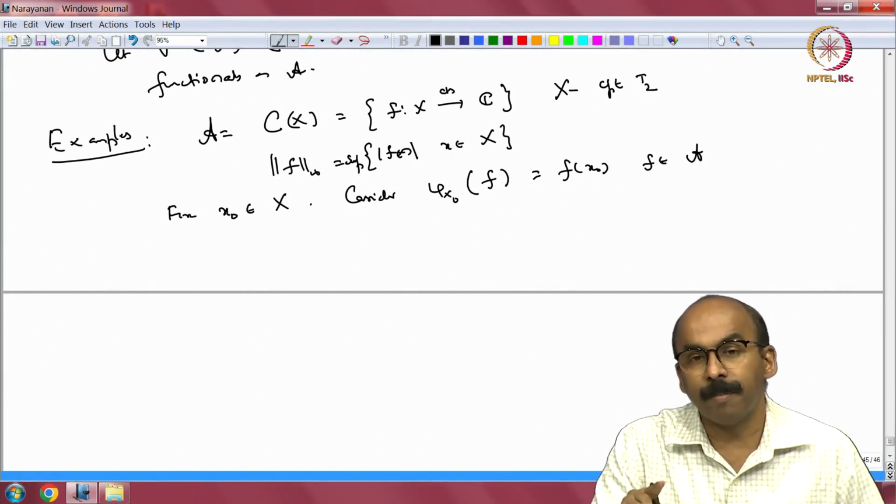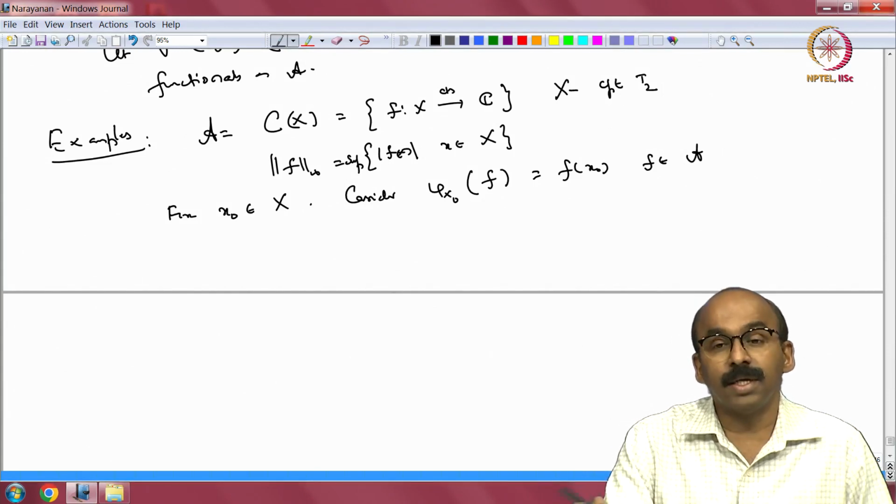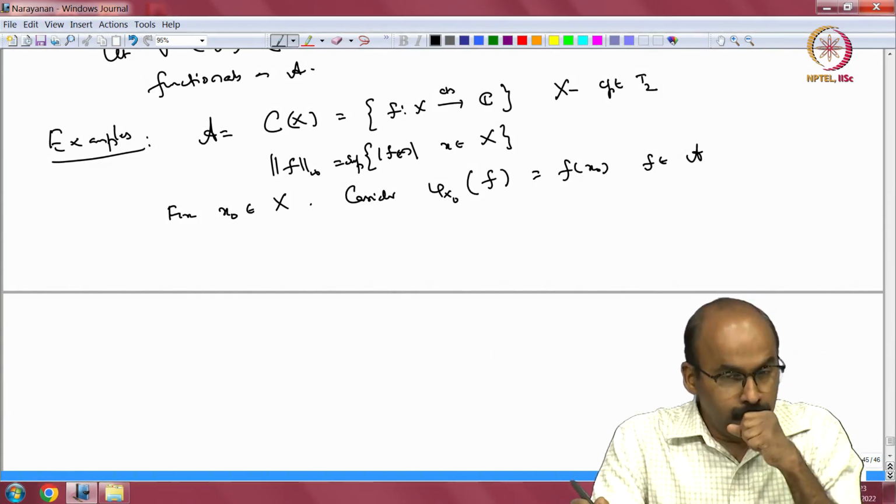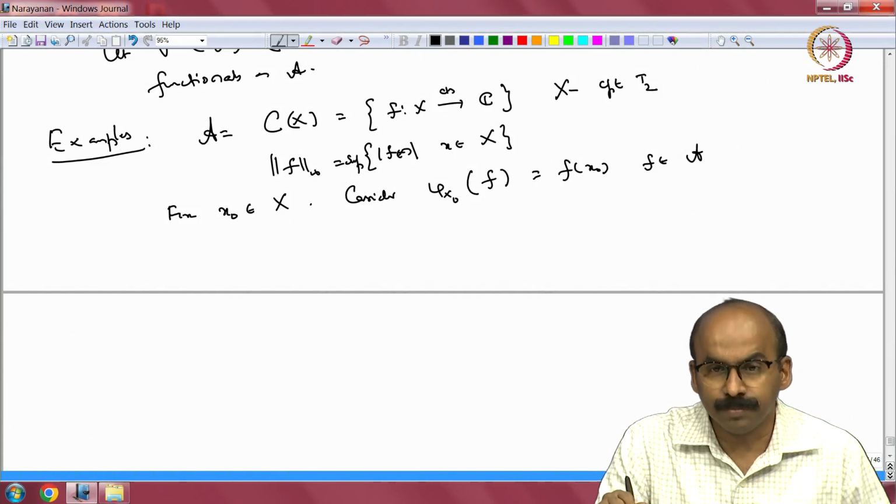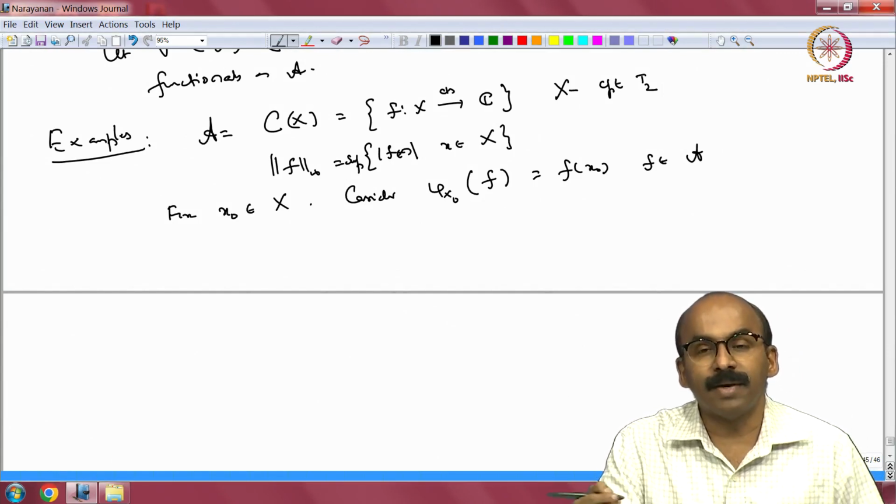Any f is mapped to f of x naught. X naught is a fixed point in the space X, and we simply evaluate f at that point.